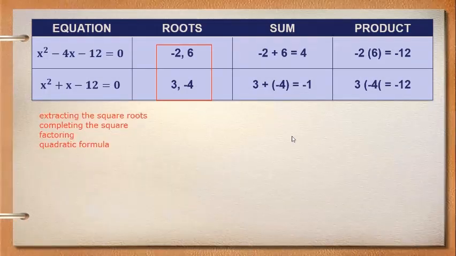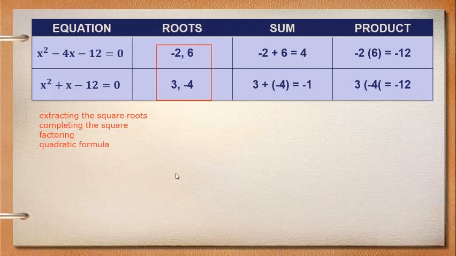This is how we solve for the sum and product of the roots of the quadratic equation. But in the next slides, I'll be showing you the formula for us to solve for the sum and product using the quadratic formula derived from the standard form of a quadratic equation.